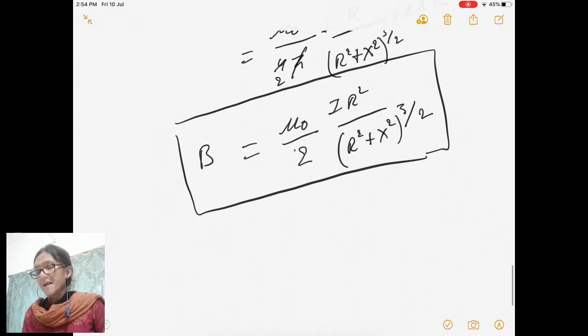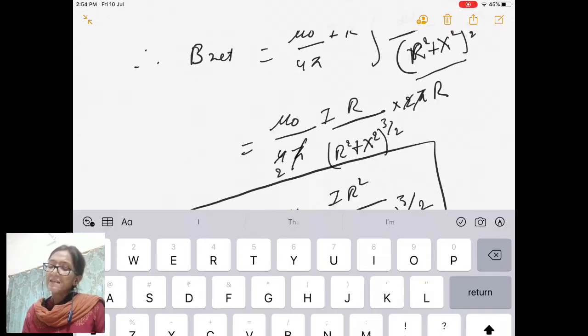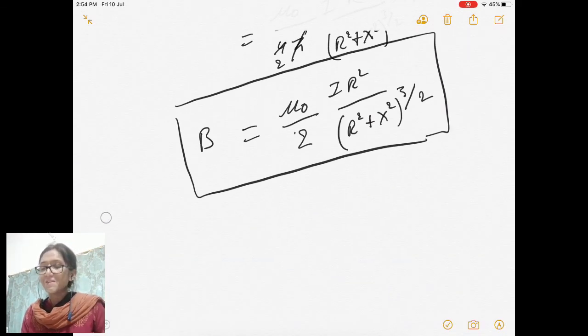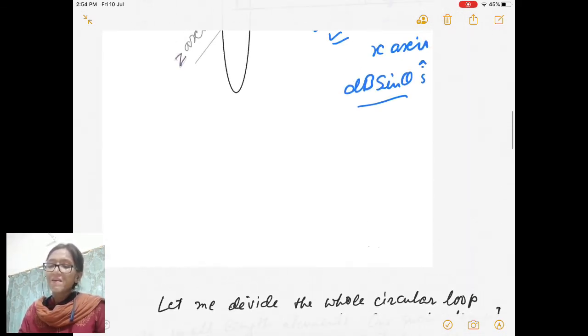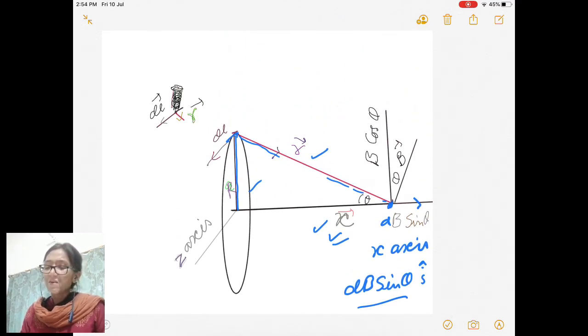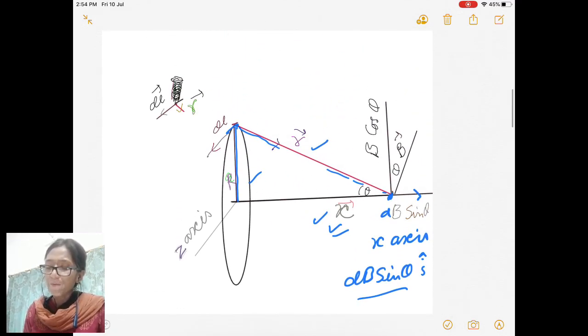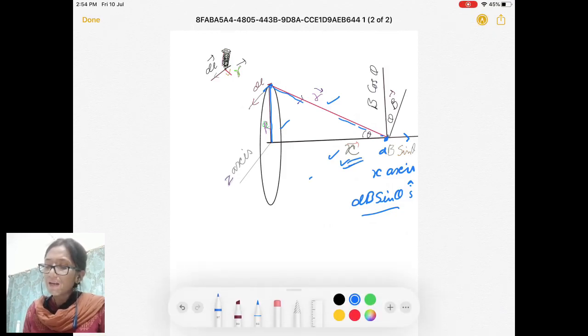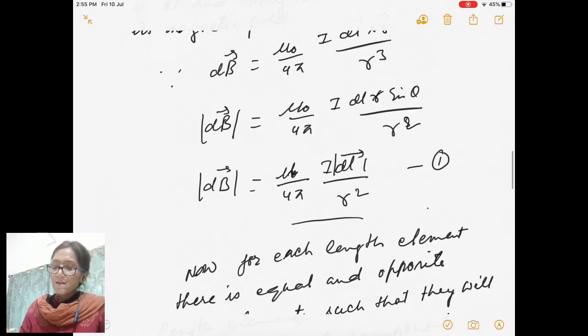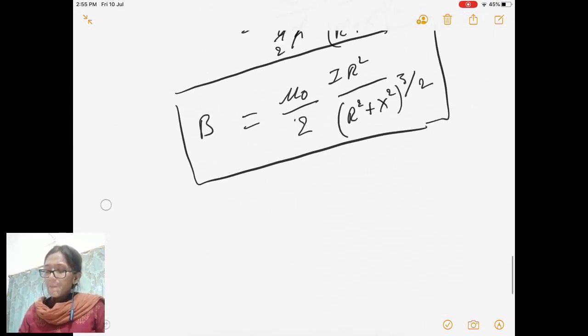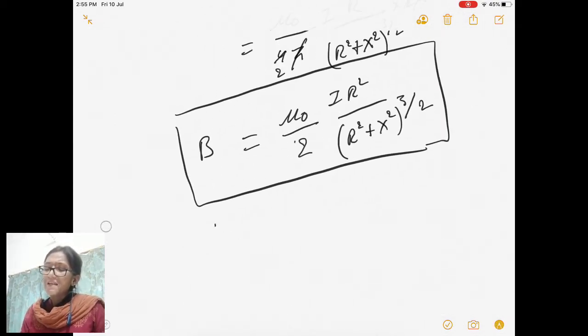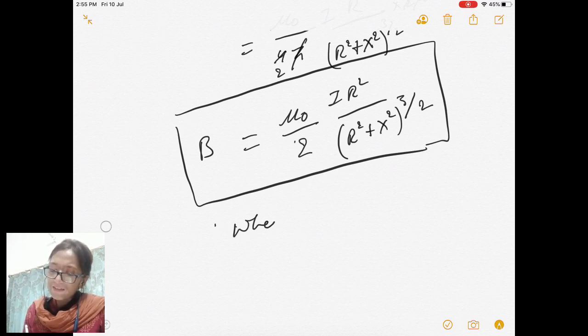So what is the magnetic field at the center? Let me find. At the center, you need to take x equal to 0.